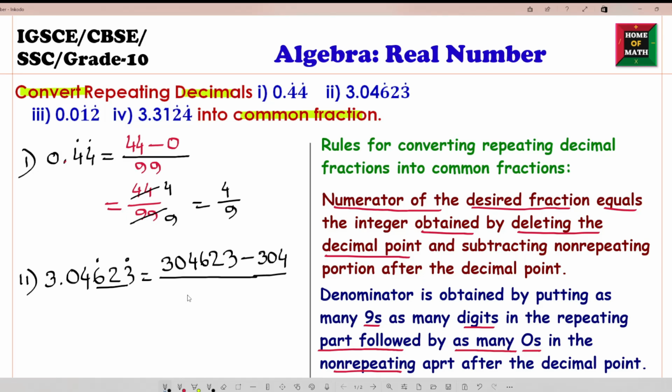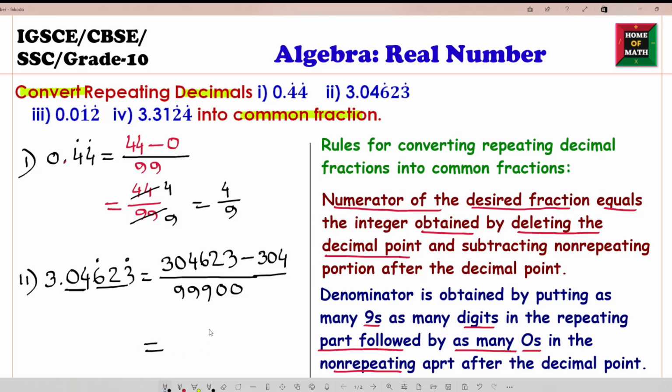And for the denominator, here 3 numbers are repeating, so we can write three 9s, and after the decimal 2 numbers are non-repeating, so 0 0, right?